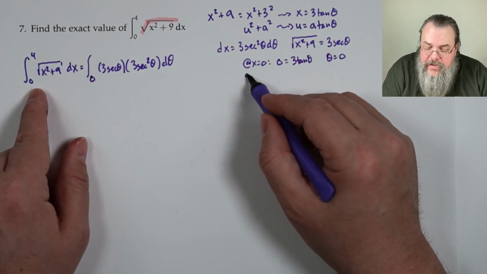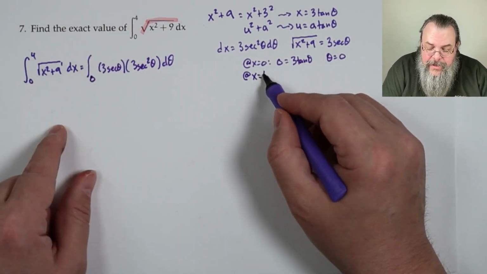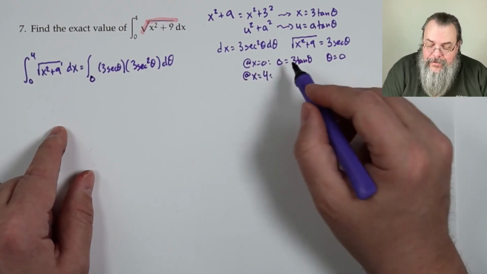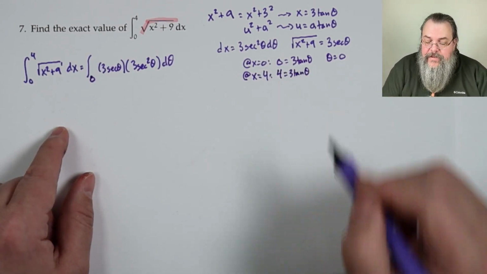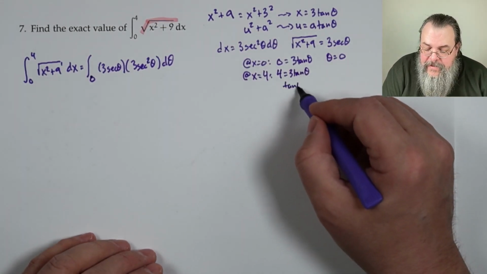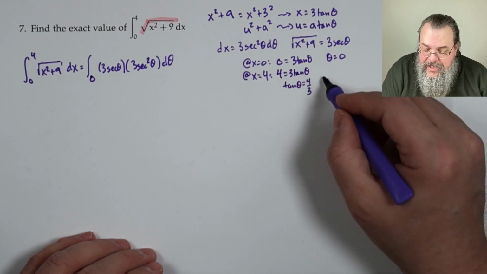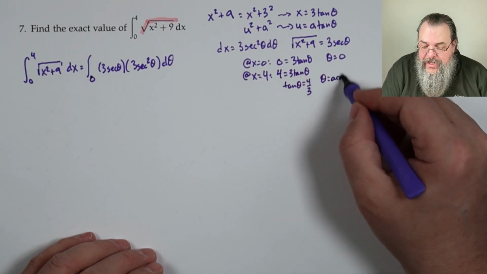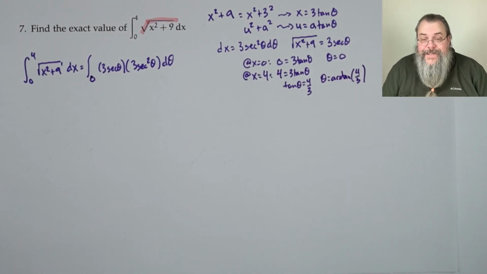How about at x equals 4? What will that be? Well, you get 4 equals 3 tangent theta. And you might say, aha, that says tangent of theta is equal to 4/3, which tells us that theta is arctangent of 4/3. Okay, we don't know what that is.